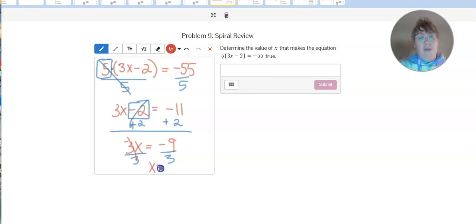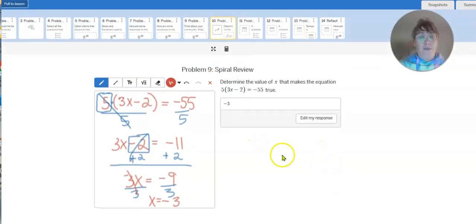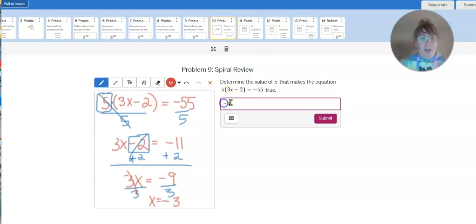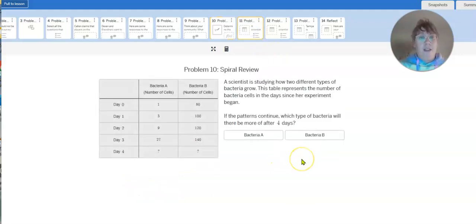And we get x equals negative 9 divided by 3 is negative 3. So when x is negative 3, we get a true statement. Beautiful. I should put x equals negative 3. There we go. And then push to the next slide.